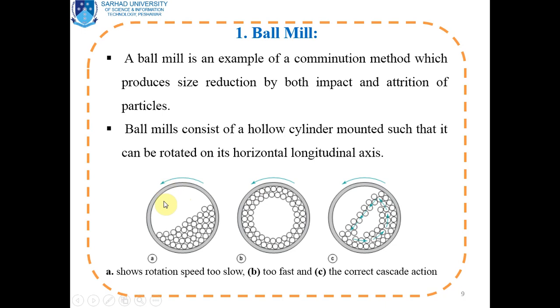mounted such that it can be rotated on a horizontal longitudinal axis, and these are the different types of speed diagrams or figures, indicating A, that is showing the rotation speed is too slow, and B, that the rotation speed is too fast, and C, that the rotation speed is the correct cascade action.